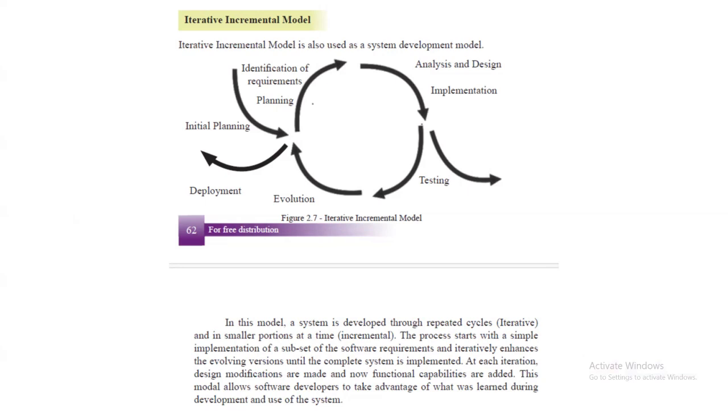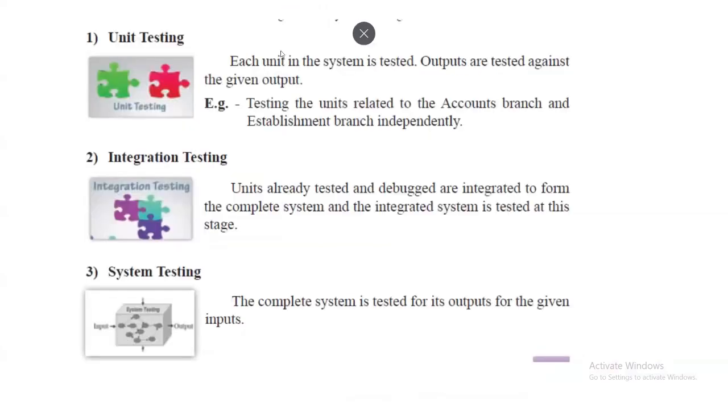So there's a problem. In iterative incremental, you take your full product, divide it into subcomponents, release-wise, give some part of the main component, do the testing, and release to the client. The client will do the check, right? So that is how the iterative incremental model works.